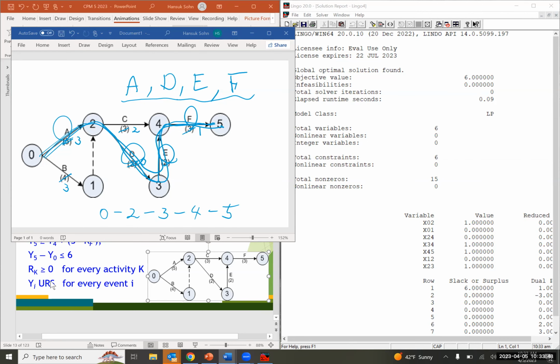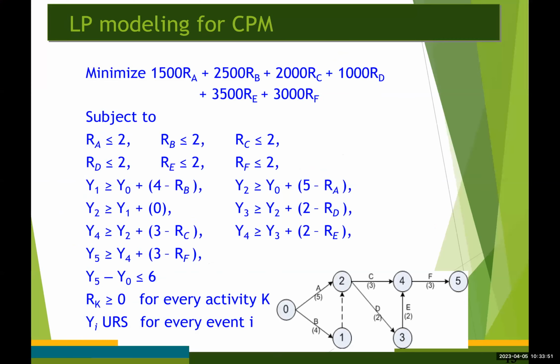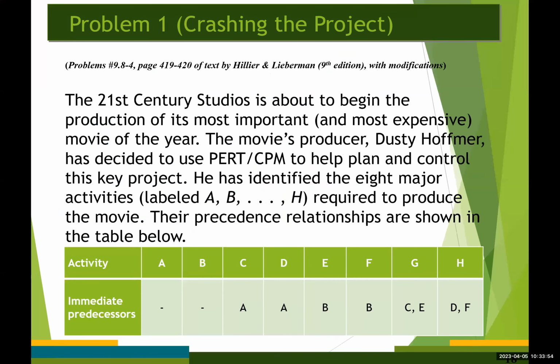Okay, so let's go back to our presentation slides. Let's consider solving this problem. I've got this example problem from the Hillier and Lieberman operations research textbook with some modifications.